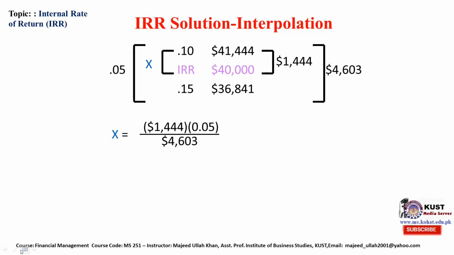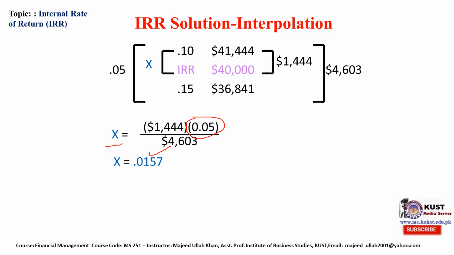The whole situation will be like this. So 1,444 divided by 4,603 multiplied by 0.05, which was here. So we multiplied it to the other side. We get the value of x, that is 0.015.